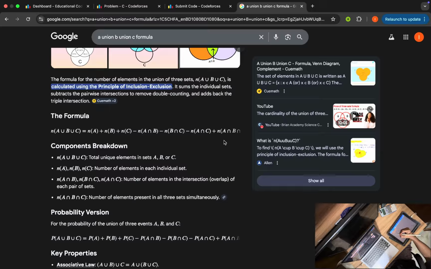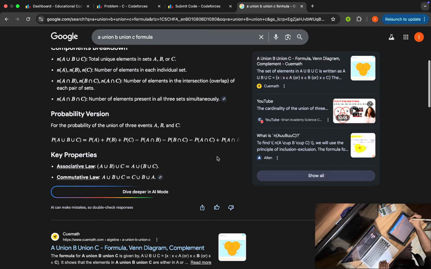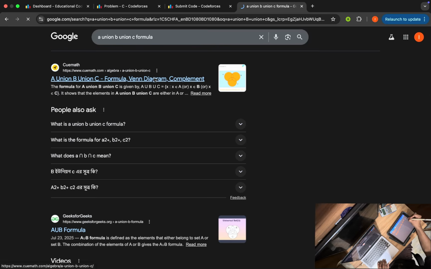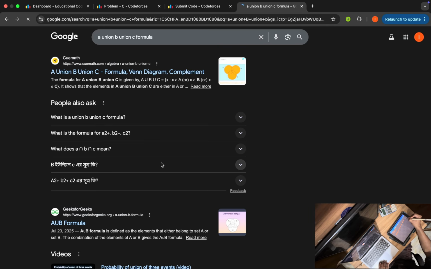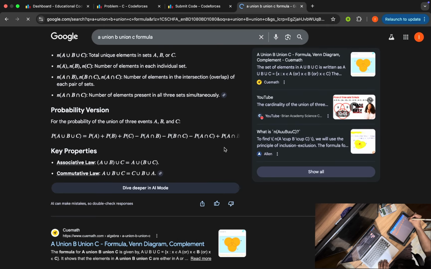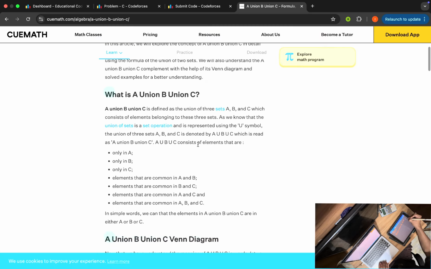So A union B union C equals A plus B plus C minus AB minus BC minus CA, plus what is written, ABC, not common part, I guess.